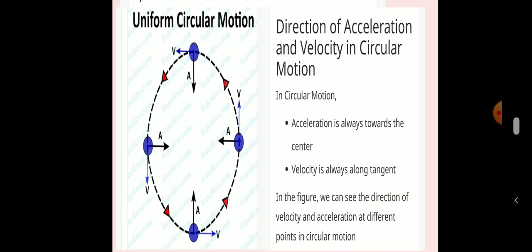Now, what is the direction of acceleration and velocity in circular motion? For that, consider an example. Take a piece of thread and tie a small piece of stone at one of its ends.